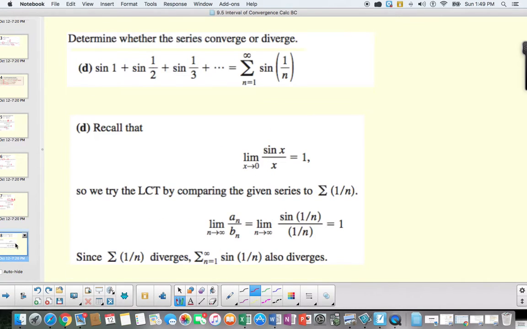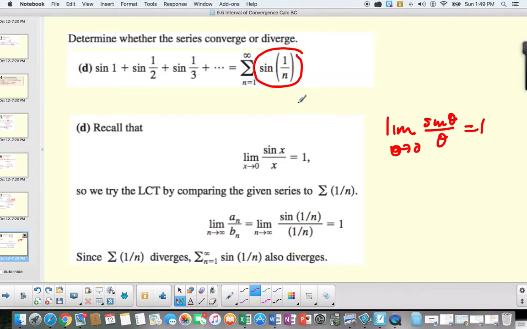And here's our last one. We want to determine whether this series converges or diverges. And this is a little different from what we've been doing before. Remember that the limit of sine of theta over theta, as theta goes to 0, is equal to 1. I want to create this kind of limit right here.